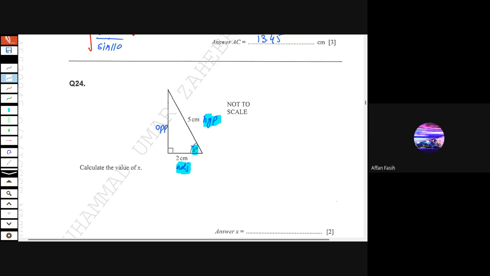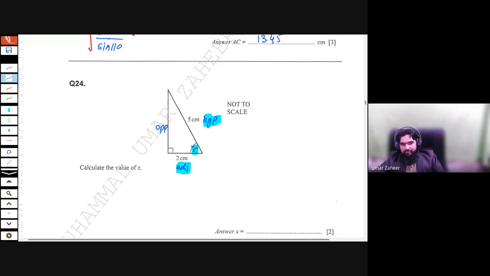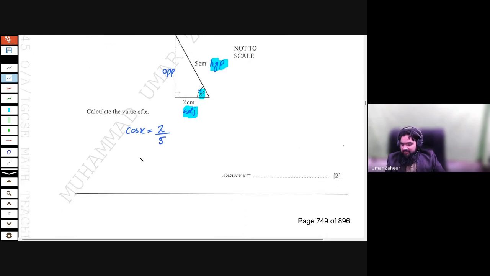Sir, cos. We have to use cosine here. So cos of x will be equal to adjacent, that is 2, divided by hypotenuse, that is 5. Now we have to find the angle. It is cos here, on the other side it will be cos inverse of 2 divided by 5.